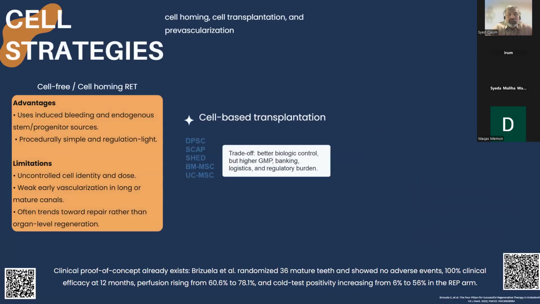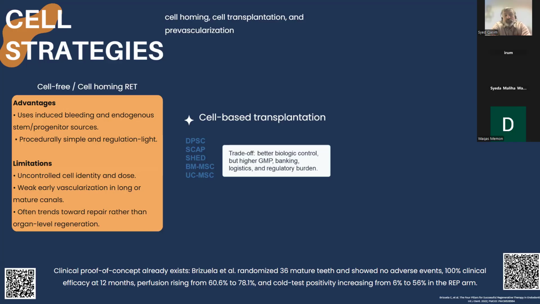Now, cellular strategies. This is something really important. Choosing the right cells. I've written down some advantages, some limitations. You can use induced bleeding and endogenous stem cell progenitor cells. What you're trying to trigger is undifferentiated stem cells, so that they can differentiate into the cells that you want.